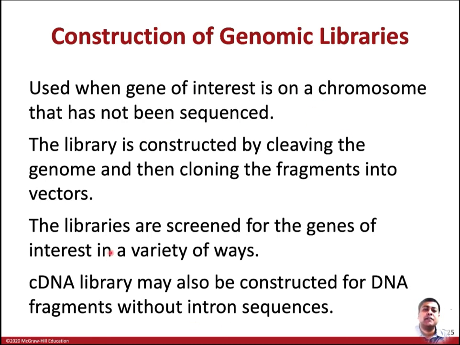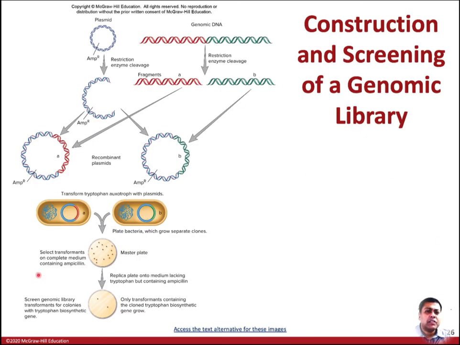So there are two different things. Genomic libraries will have the introns, whereas the cDNA libraries do not have the introns, and different perspective for each one of them. So let's see how we construct a genomic library and what we do.